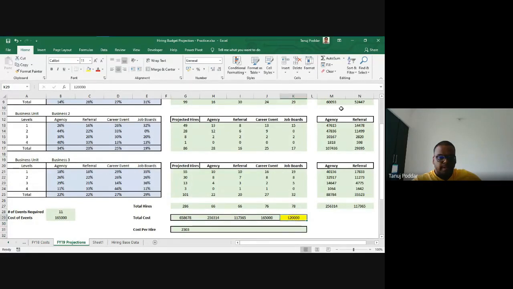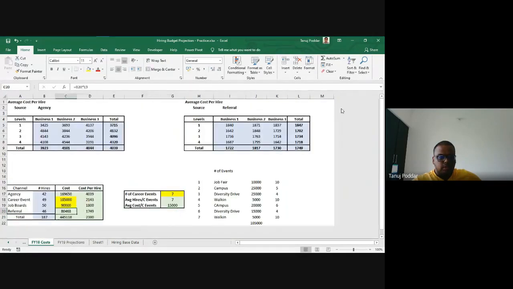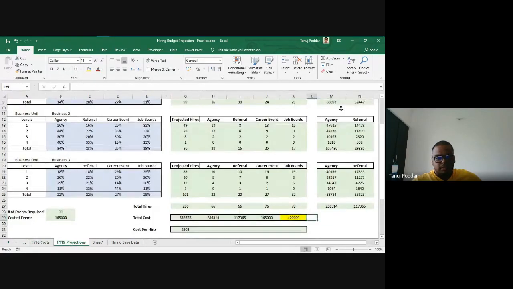Okay, and then finally we have the job portals. Job portals is something that you can always play around with because it is a prepaid cost. So you can simply say that these are the sites that I plan to take a subscription for this year, and basis that you can come up with an amount.